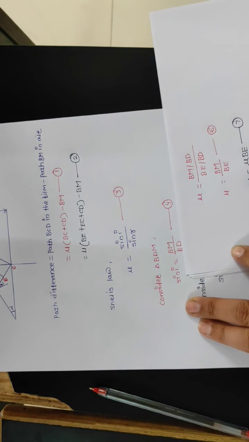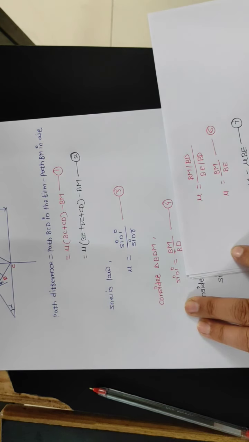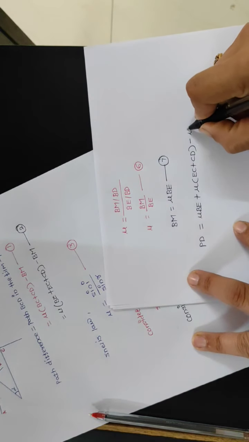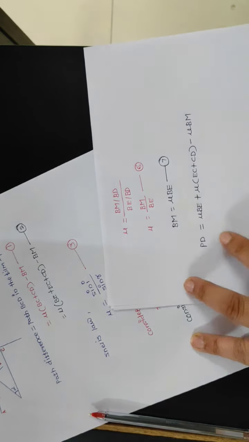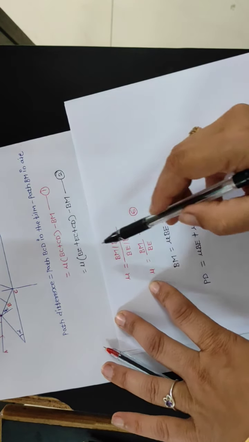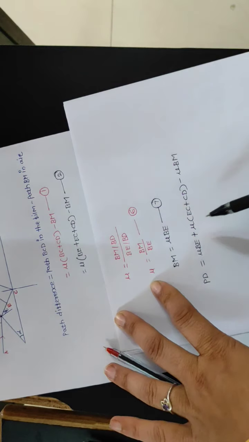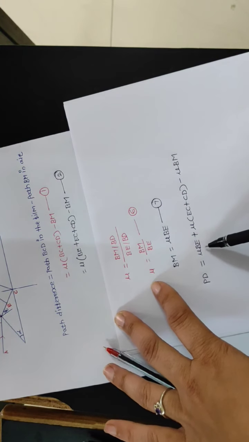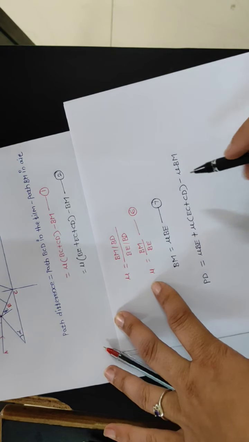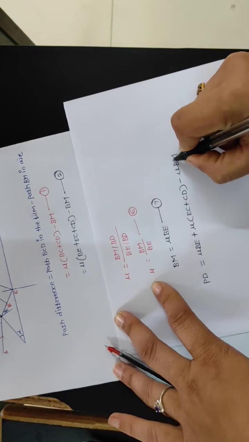We get path difference is equal to mu into BE plus mu into EC plus CD minus BM. Here in equation 2 only we have to put the value of BM, which is mu into BE.